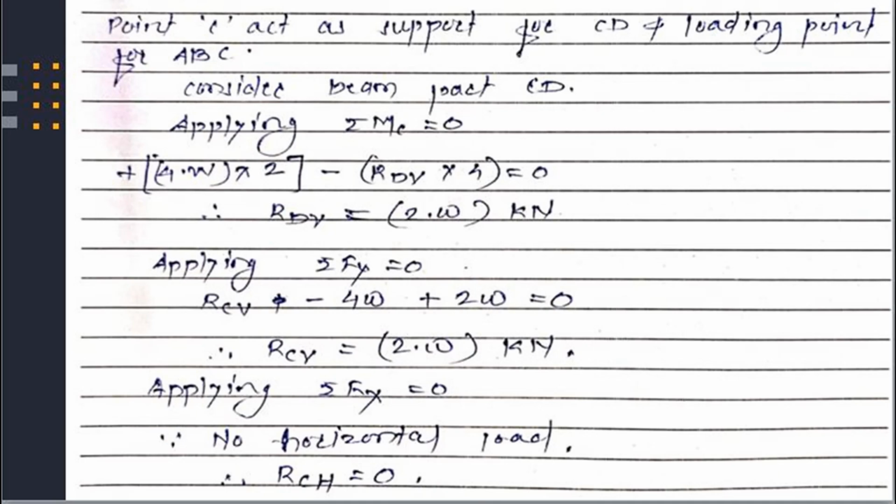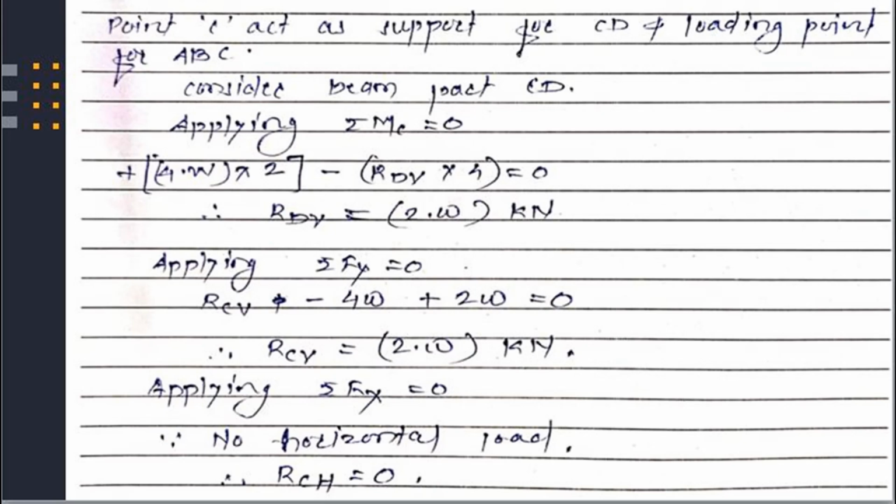RDV will rotate in anti-clockwise direction about point C and perpendicular distance of that RDV about point C is 4 meter. Therefore, moment is equal to minus 4 into RDV. Here RCV and RCH both will pass through point C. Therefore, moment of both the forces about that point is 0. Therefore, we get RDV is equal to 2W kilonewton.